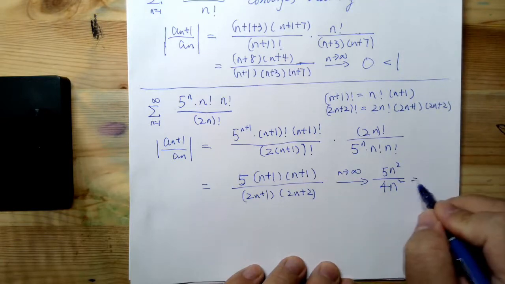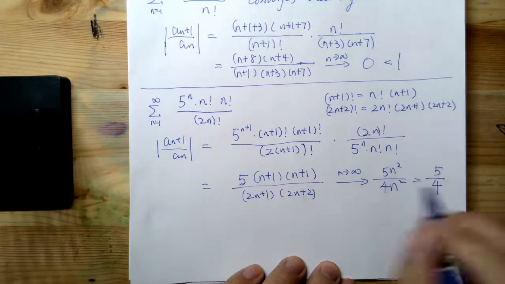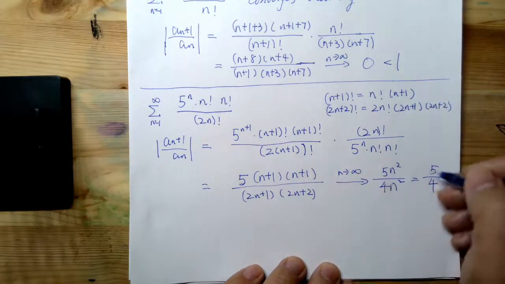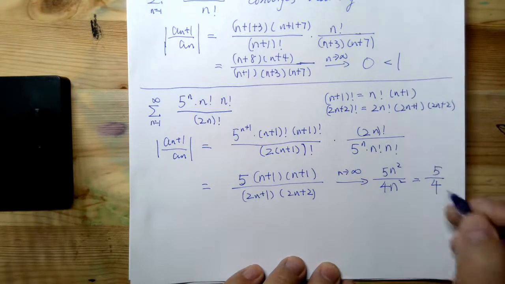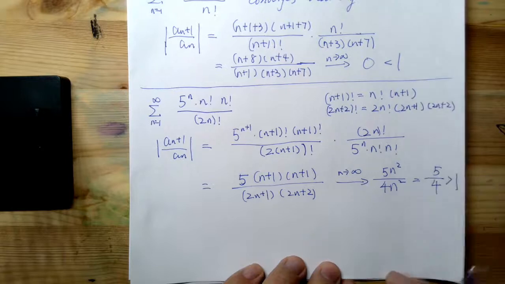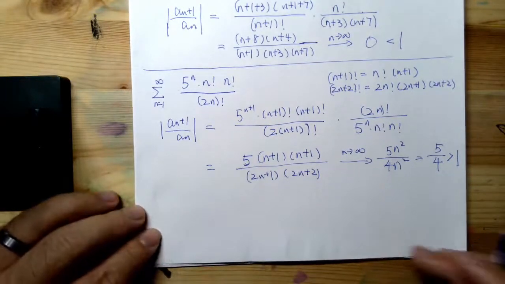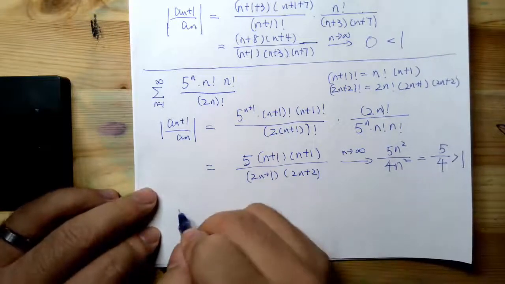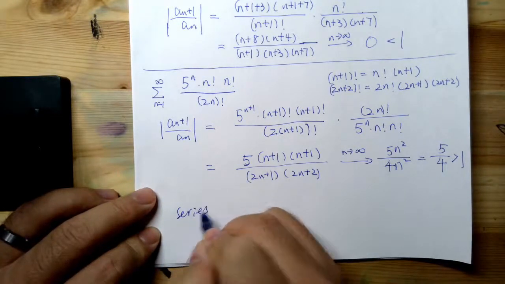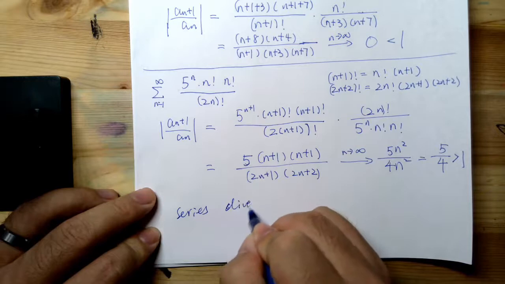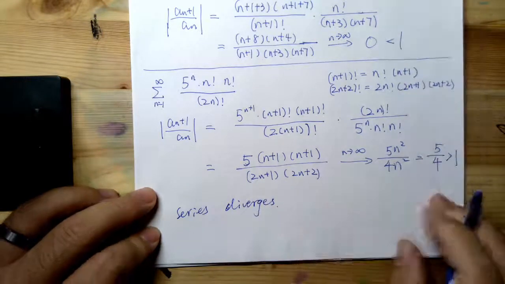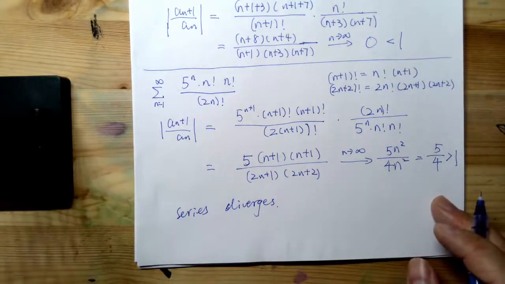If we simplify, the limit is 5 over 4, and this number is greater than 1. So based on the ratio test, my series diverges.